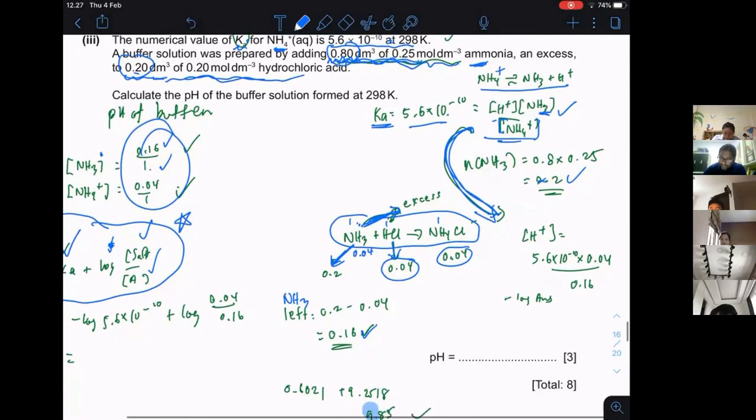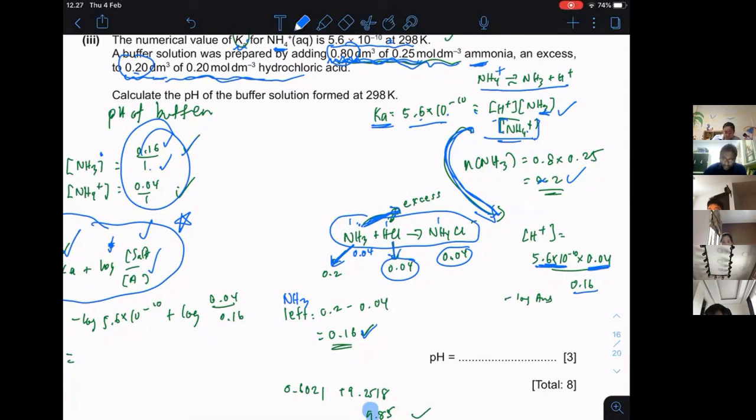So what I did was 5.6 times 10 to the negative 10, times ammonium 0.04, divided by ammonia 0.16. Once you get that, you will have the concentration of H+.